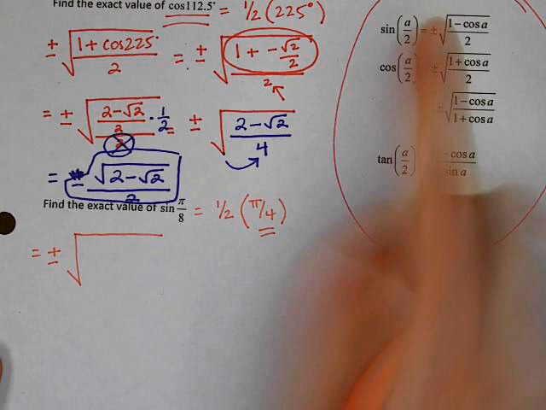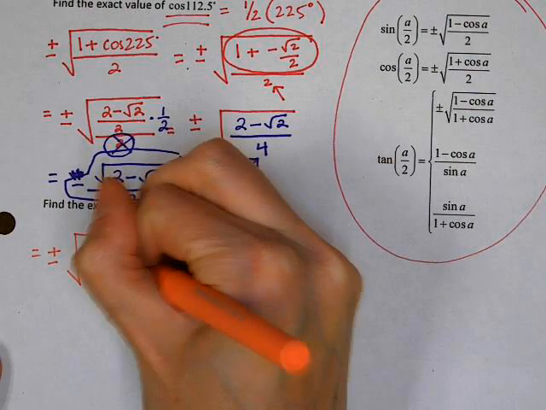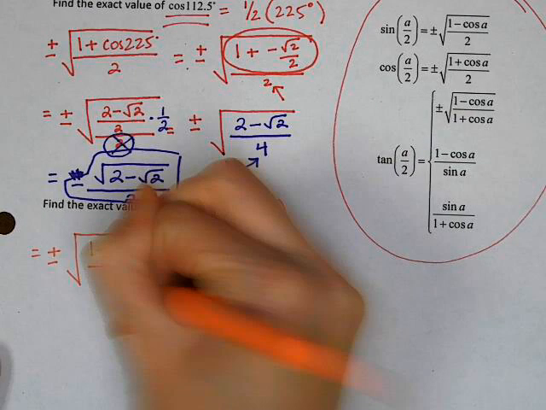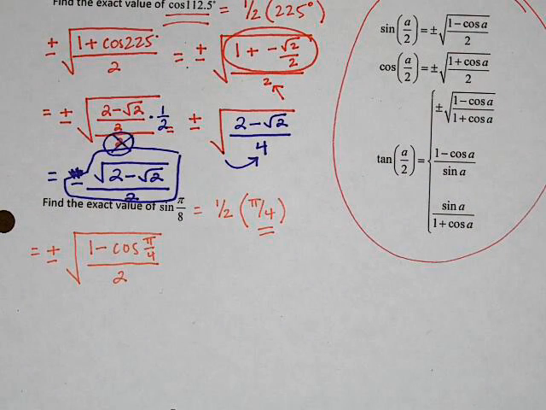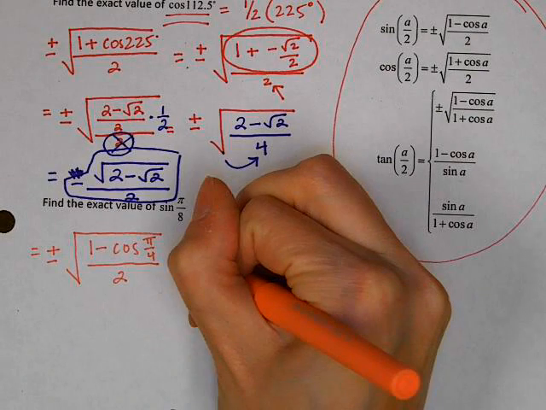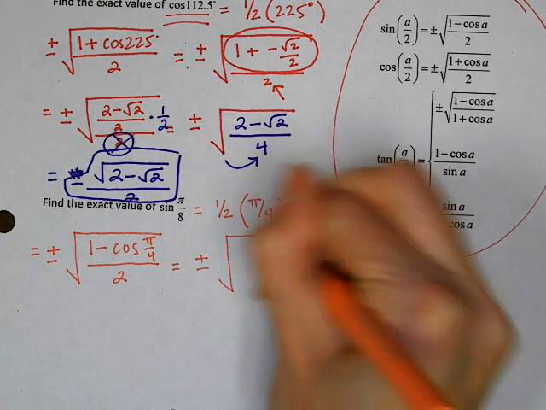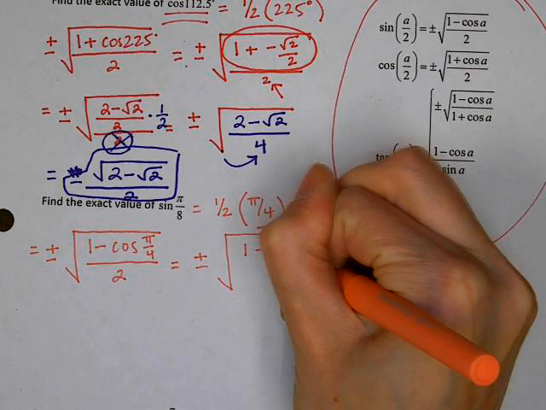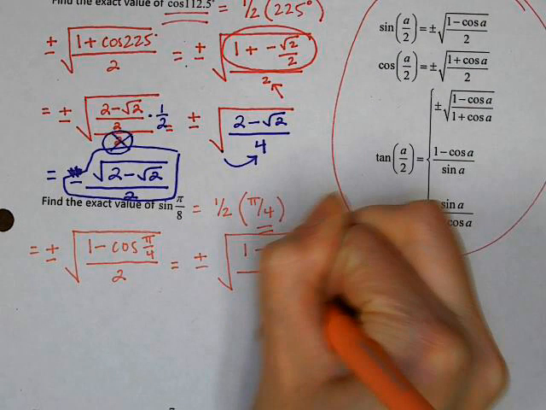For sine, it's 1 minus cosine of pi over 4 all over 2. All right, so that becomes plus or minus the square root of 1 minus, well, cosine of pi over 4 is root 2 over 2, and then that's all over 2.